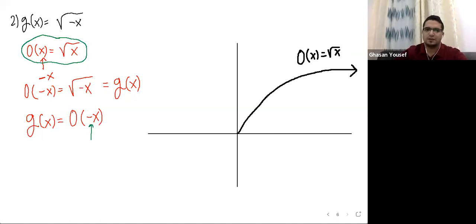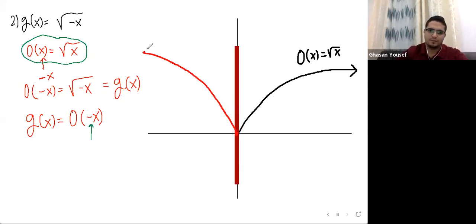So my mirror should be here. So the graph will be like this. Around the y-axis is supposed to be like this. This is g of x equal square root of minus x.